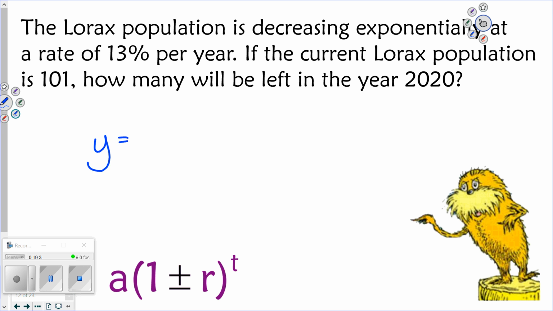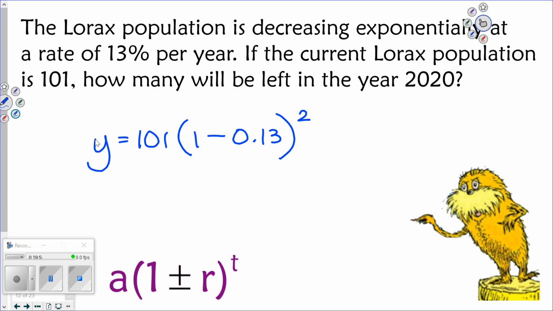How many did I start with? My initial amount, 101. Is it plus or minus? Minus, because we're going down. 13% is 0.13. What's my t value? 2, because it's still 2018, so it'll be 2 years until it's 2020.